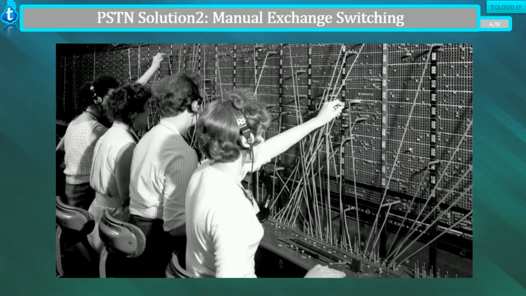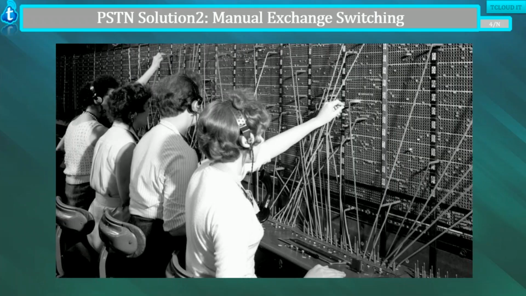Imagine thousands of users, because there are thousands of holes you can see, and thousands of devices connected to thousands and thousands of customers, and these operators are making those links and establishing the end-to-end connection or end-to-end switching.